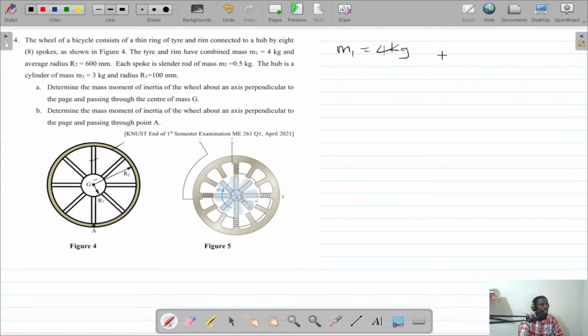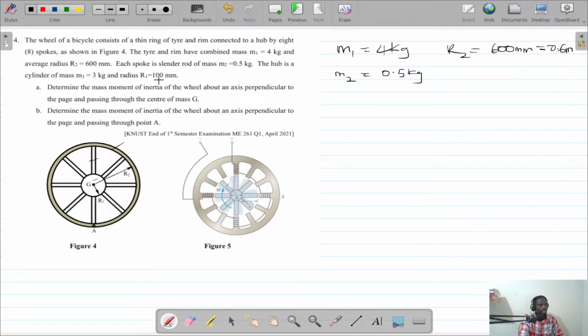And then r2, which is the radius of the rim together with the tire, is 600 mm, which is approximately 0.6 meters. Each spoke is considered a cylinder rod, with mass m2 of 0.5 kilogram.